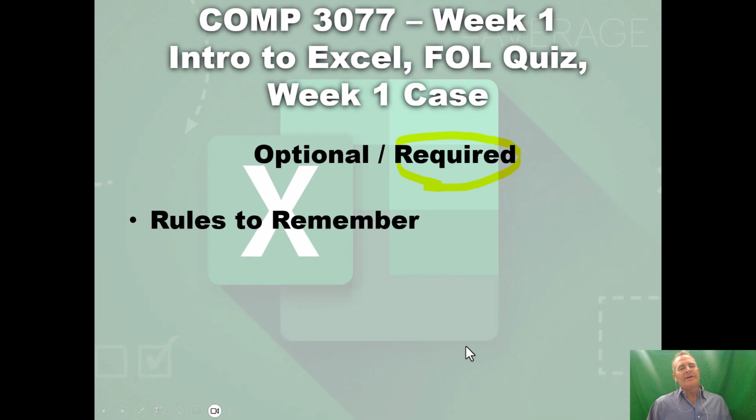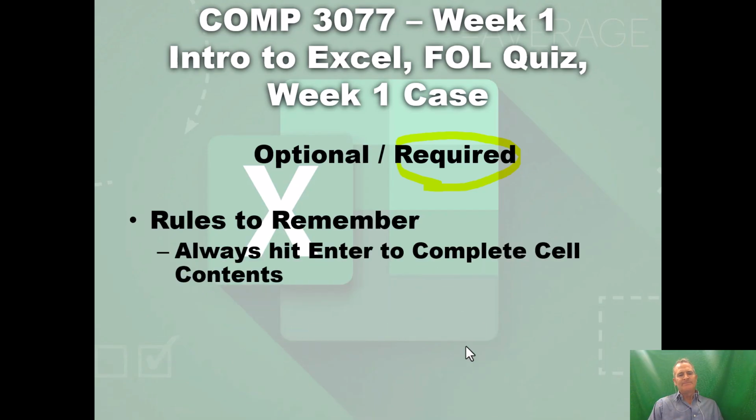One more thing at the very end here, I promised I would do this at the end, this slide I had that covered these basic rules I have for just avoiding any grade mishaps or wasting time on unnecessary mistakes. Number 1, always hit enter. When you're putting the stuff in the cell, formula-based text, whatever it is, don't arrow down or tab over, just hit enter. Number 2, save your file throughout.